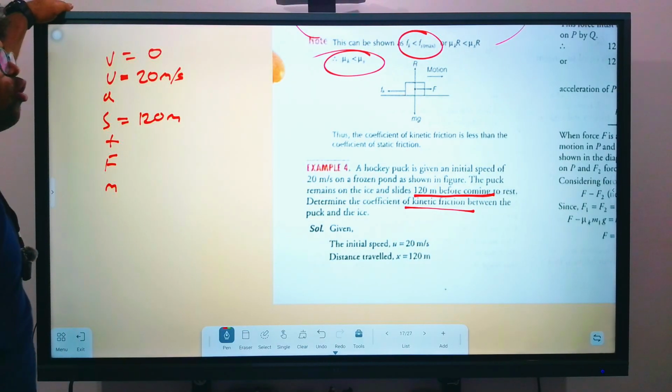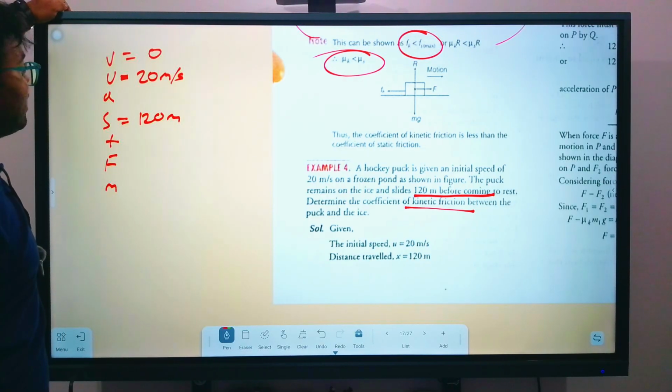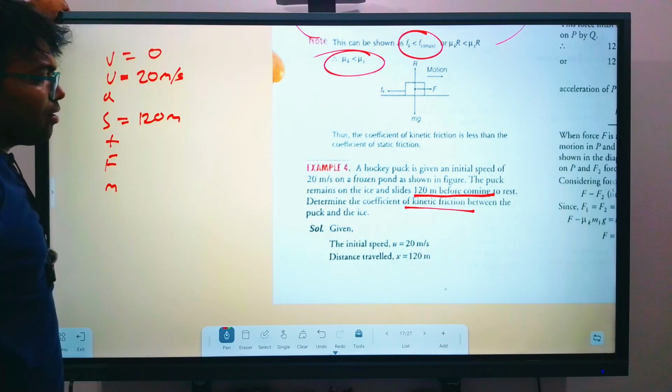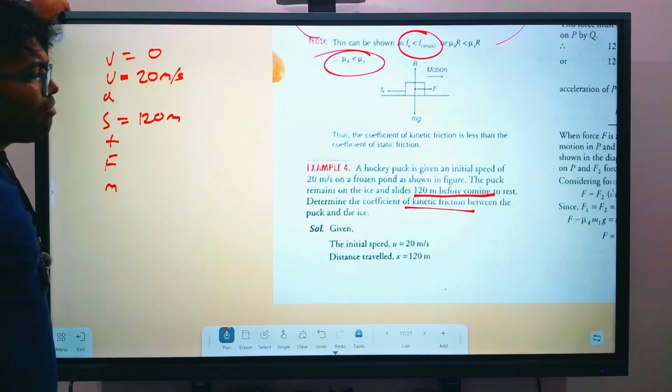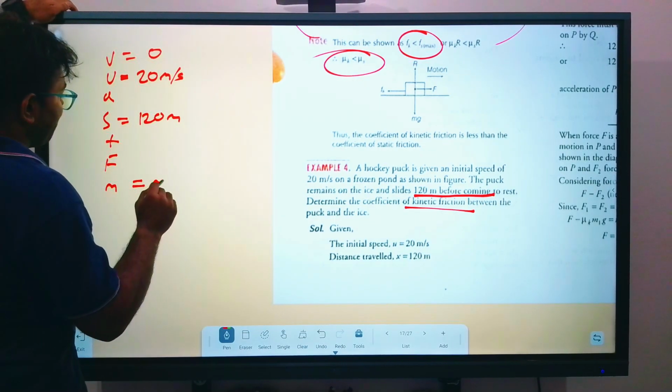Determine the coefficient of kinetic friction between the puck and the ice. Why didn't they give the mass? Anyways, let the mass be m.